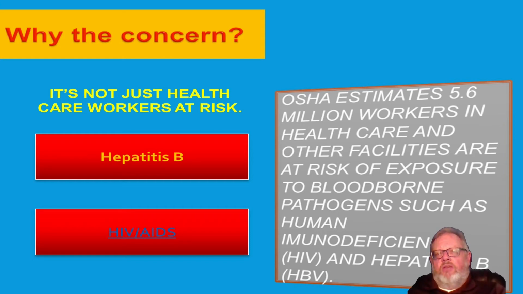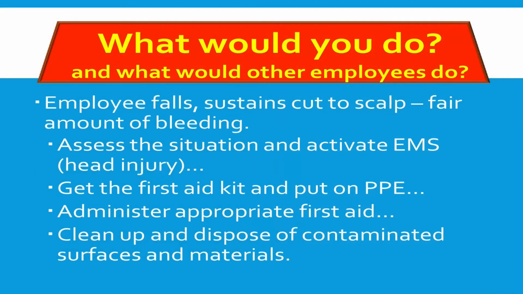Yes, when you think of exposure to blood, generally you're talking about doctors, surgeons, nurses, EMTs, paramedics, people whose primary job is to render medical treatment, right? But it's not just health care workers who have exposure or potential exposures, and there's a whole lot of people that have that.